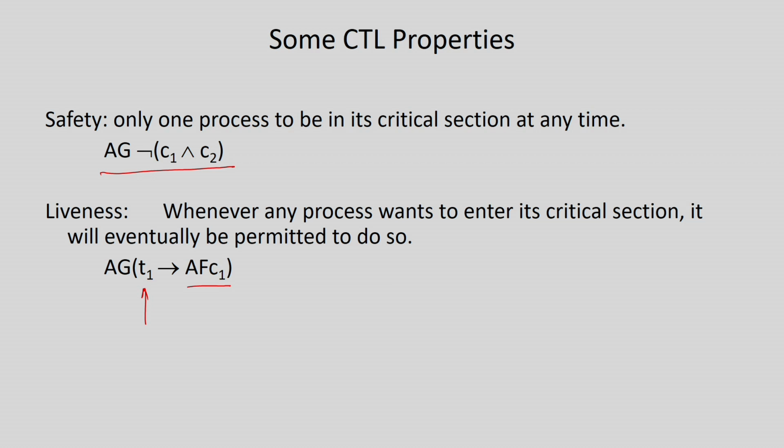That means from that particular state, wherever you go, at least somewhere in future you should have a state where C1 is true. Okay. So, if it is trying to enter the critical section, eventually it should be permitted to enter. This is the property, and this property must hold globally.